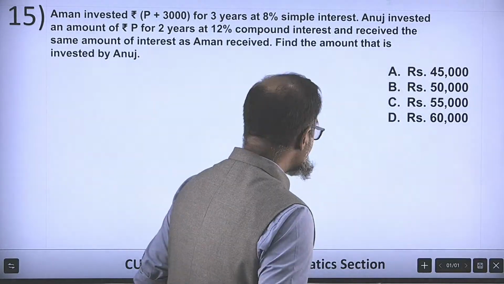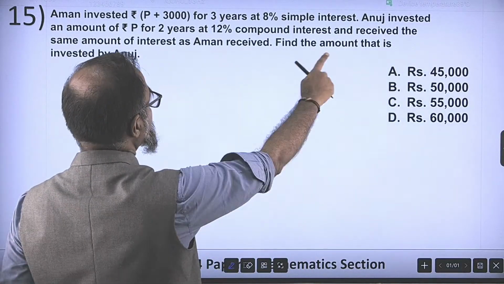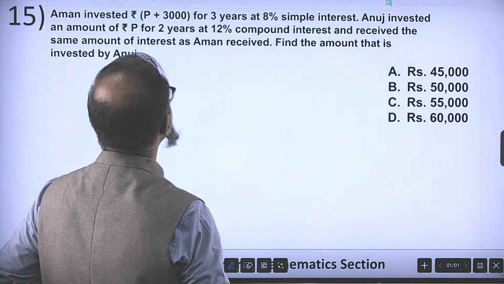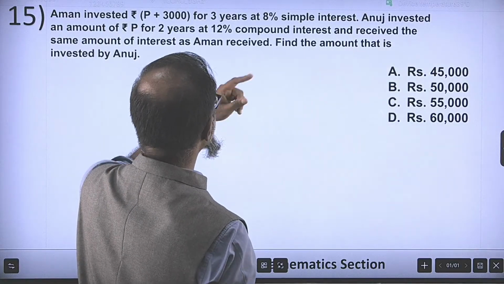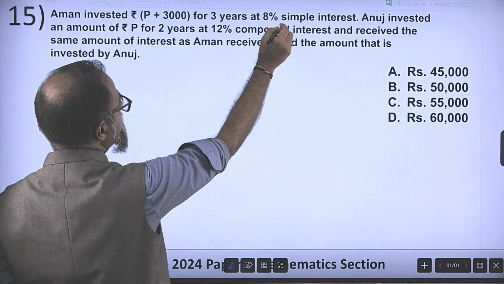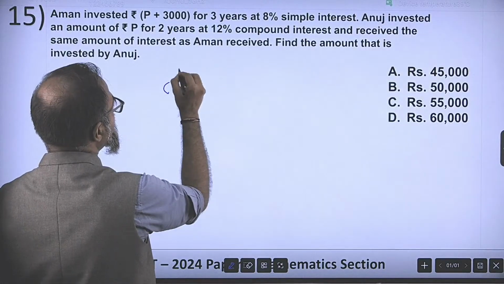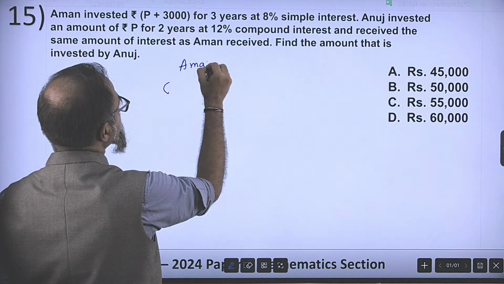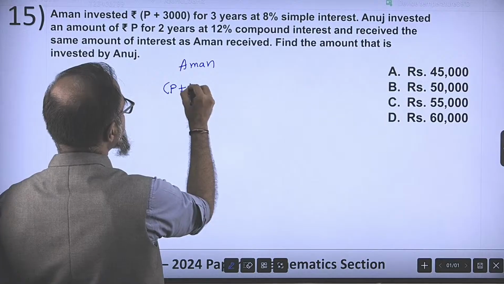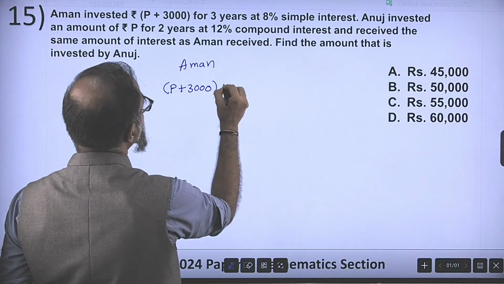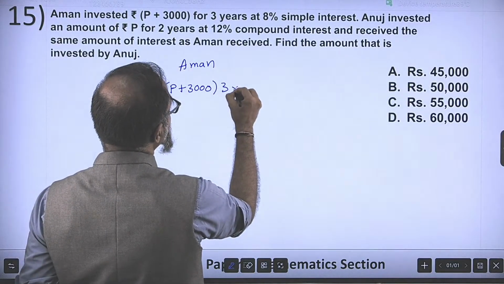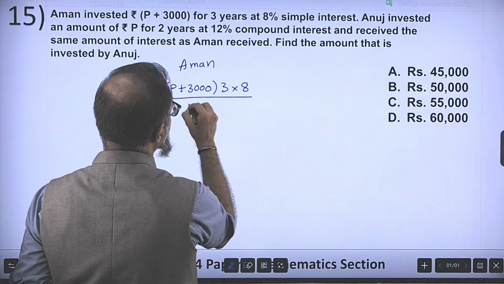Okay. So in this question, what is same is the amount of interest. So Aman's investment will earn what interest? So simple interest is PNR upon 100. So for Aman, the interest is P into number of years 3 into rate of interest 8 upon 100.